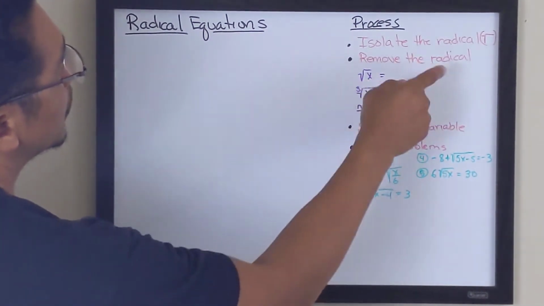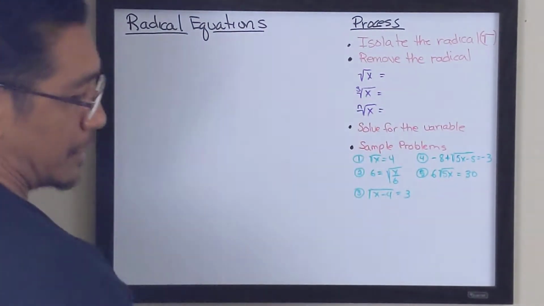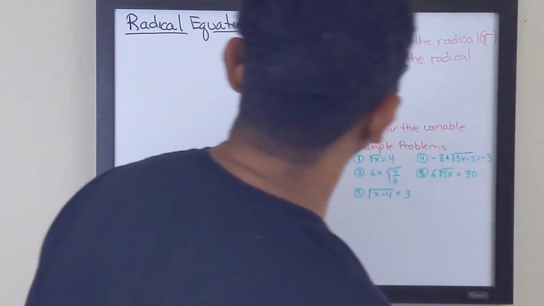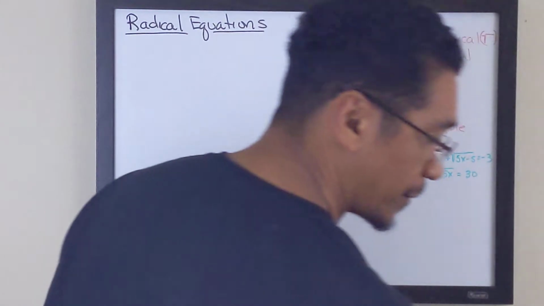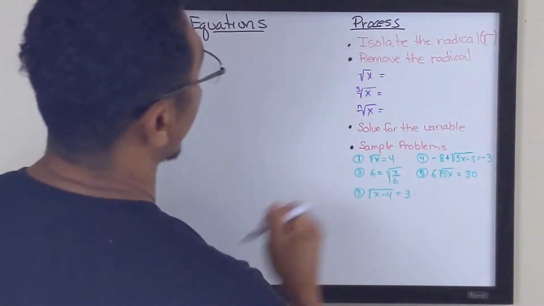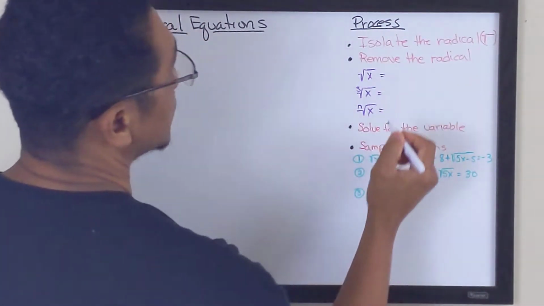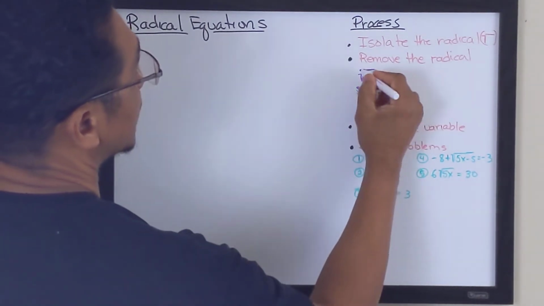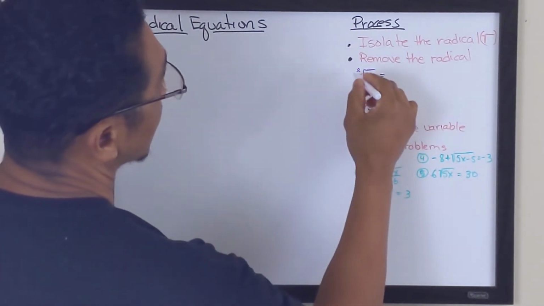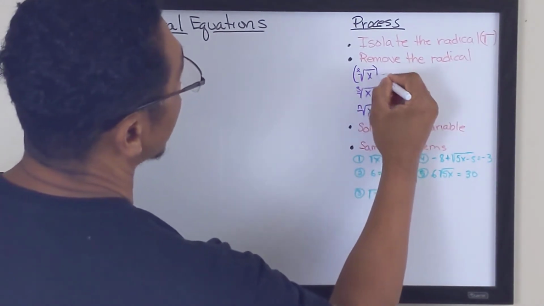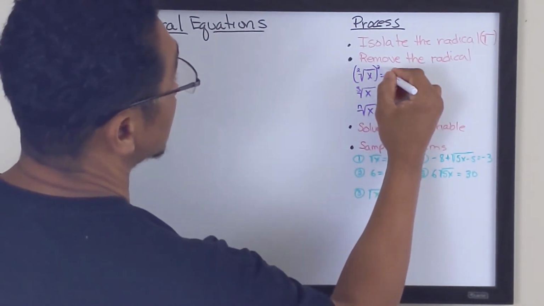Step 2 would be to remove that radical. If you do not know how to do it, let's say you have a radical which is the square root of x. The reason why it's called the square root is because there's an index here of a 2 that you can't see. In order to get rid of this radical, I have to raise it to whatever that index is, which is 2.